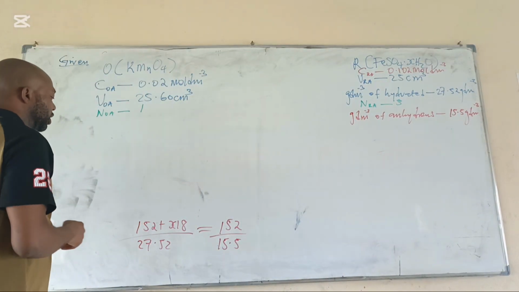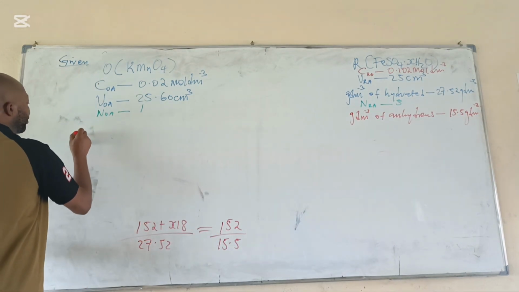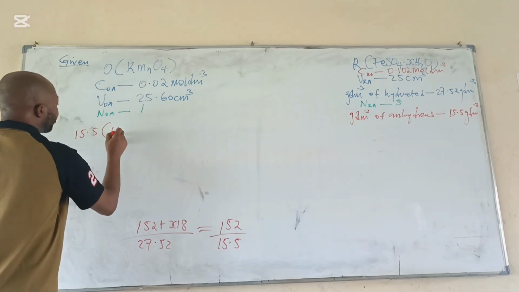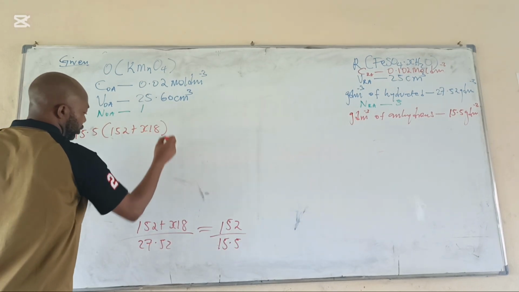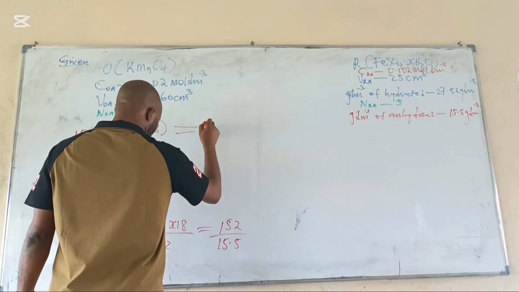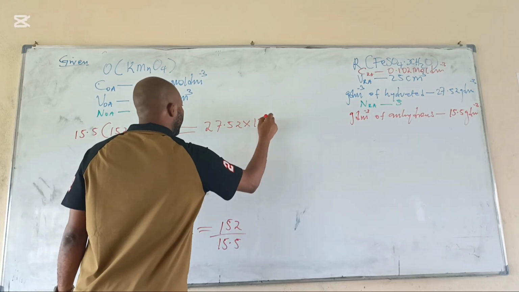Okay, by making this the subject means I should use this to multiply first. So I will have 15.5 outside, open bracket, 152 plus x18, close bracket, is equal to 27.52 times 152.